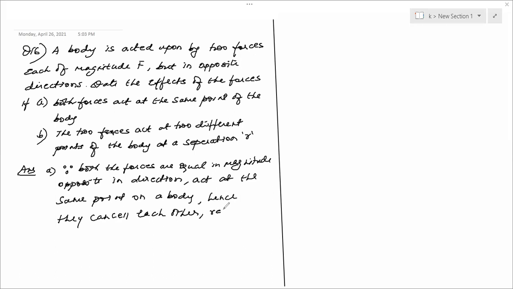The resultant force will be zero, and no motion is produced on the body.